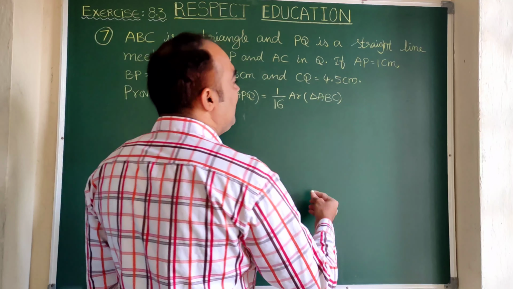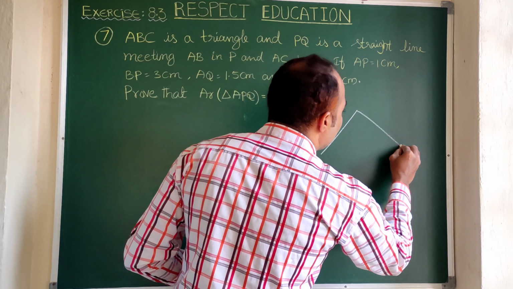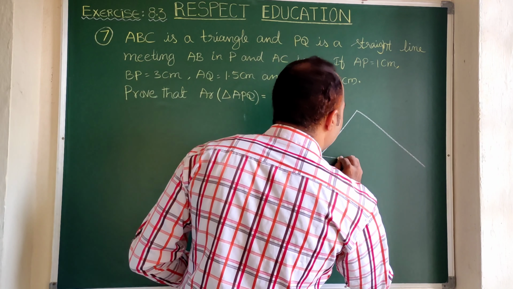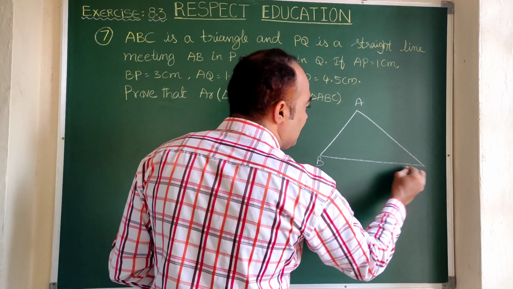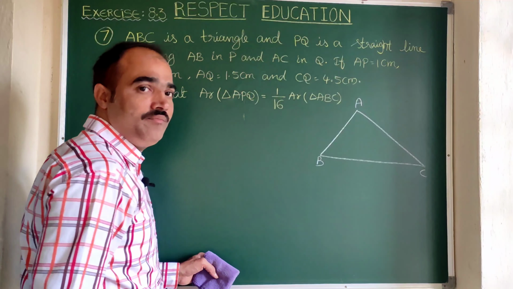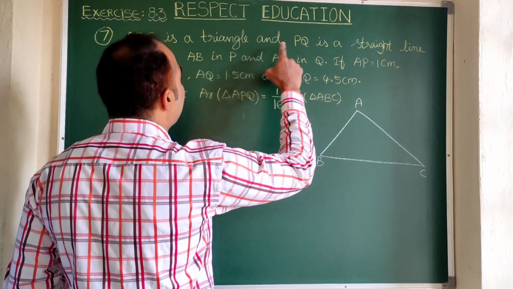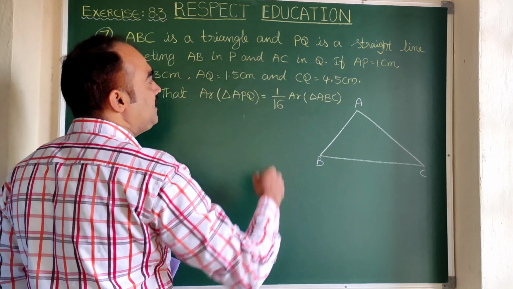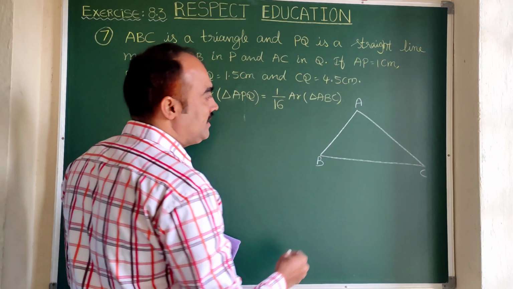So here let us draw a suitable diagram for this data. Let us consider ABC as a given triangle, in which PQ is a straight line where P lies on AB and Q lies on AC. That too, AP is 1 centimeter, AQ is 1.5 centimeter.